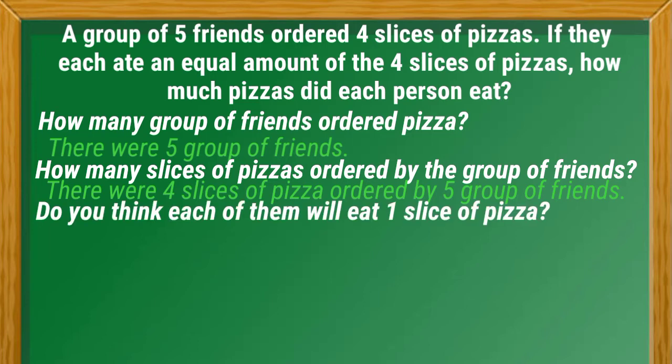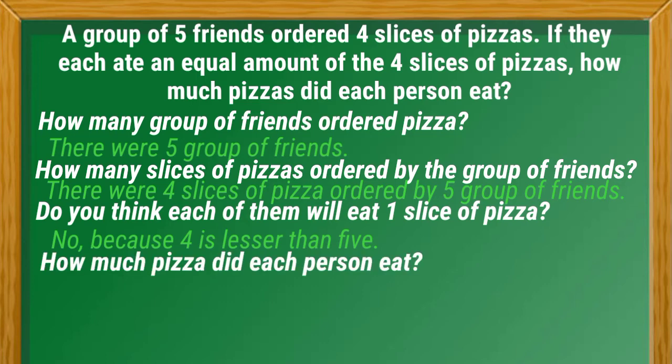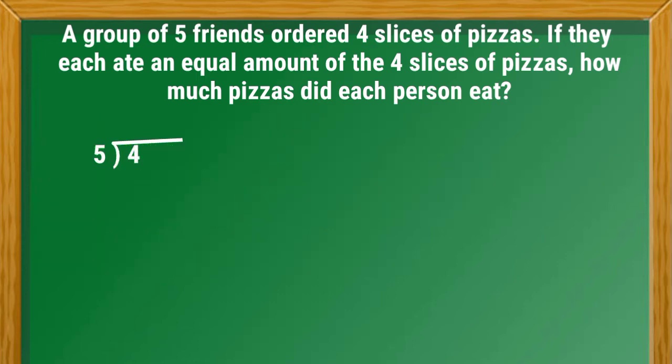Do you think each of them will eat 1 slice of pizza? The answer is no. Why? Because 4 is less than 5. In order to know the amount of pizza each person ate, we have to divide 4 slices of pizza by 5 friends, like this: 4 divided by 5.